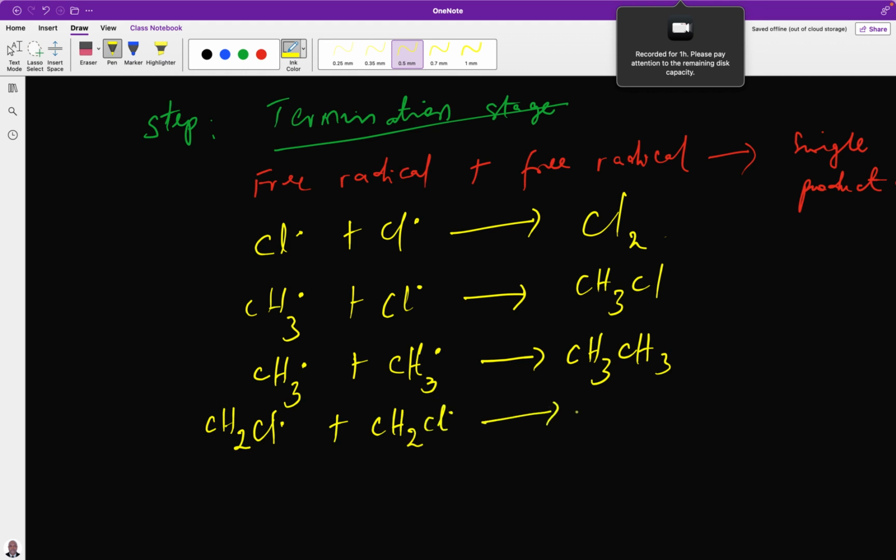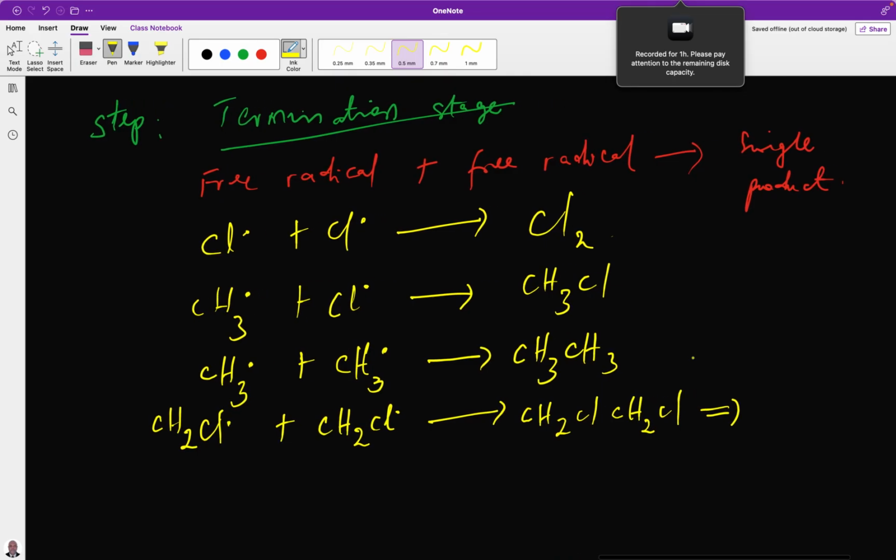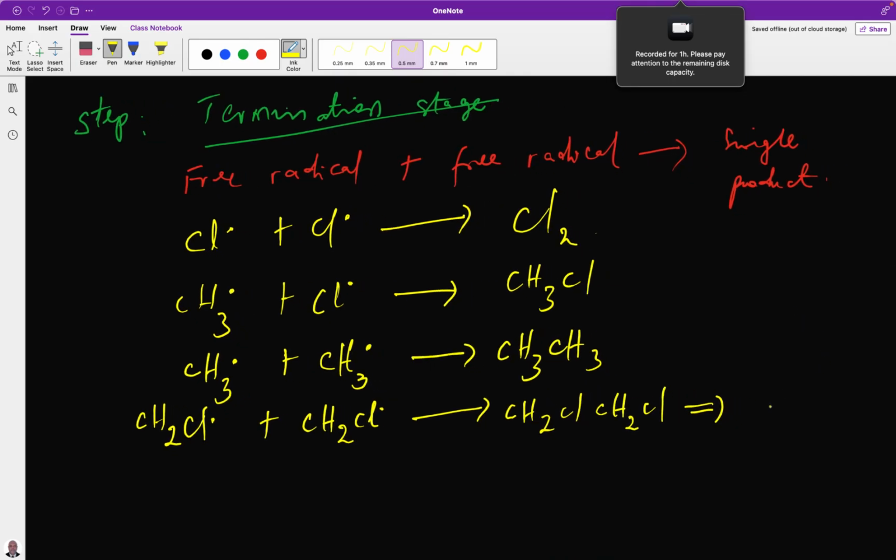This will give us C2H4Cl2. Remember that to produce tetrachloromethane, excess of chlorine gas is needed.